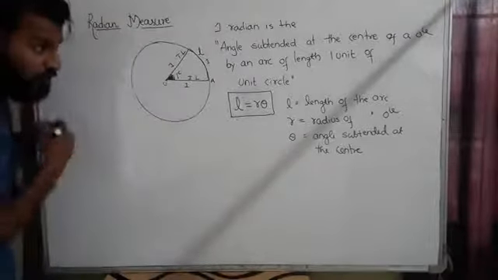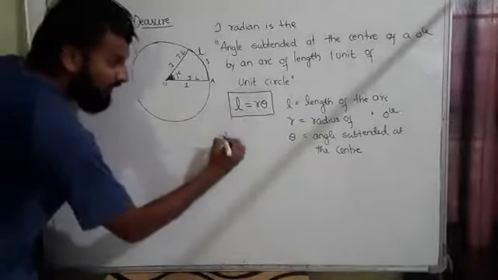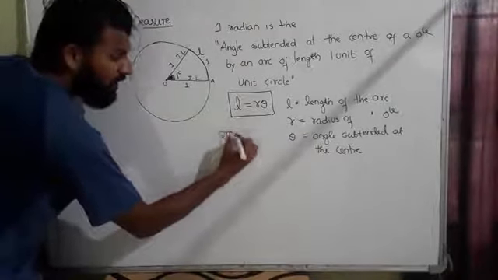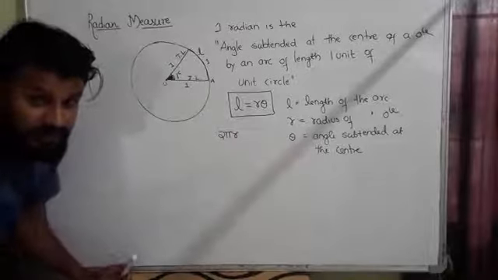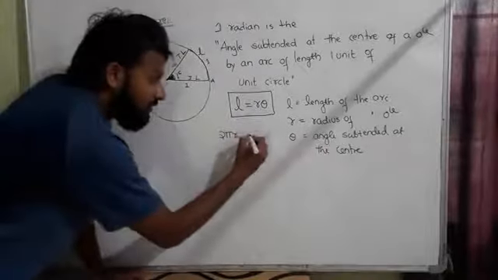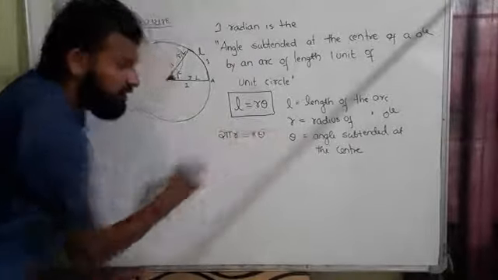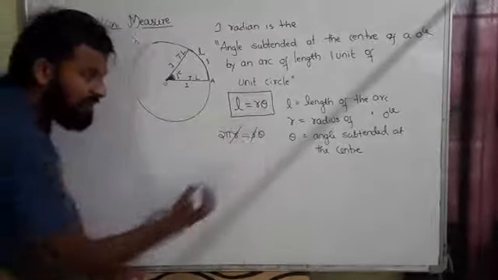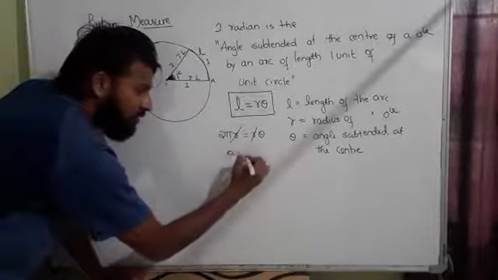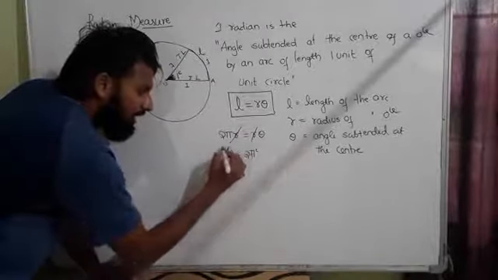Yes or no? So at that time I will have L as 2 pi r, because that is the formula for the circumference of a circle. So that is equal to r into theta. Now we can easily see, my dear friends, that r cancels on both sides, and theta equals 2 pi radian.